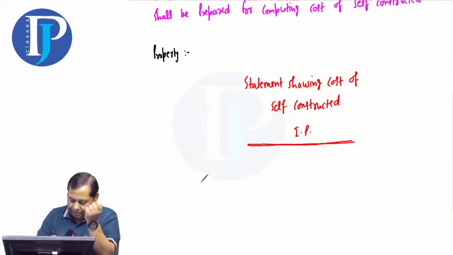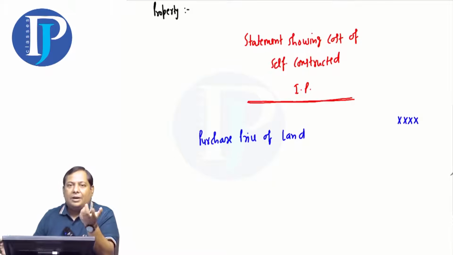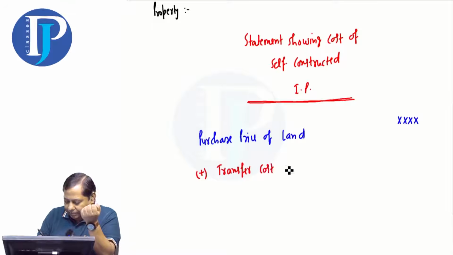Write first of all purchase price of land. First, you need to buy land, you cannot build in the air. Purchase land. Then we will add to this transfer cost. It's called stamp duty.